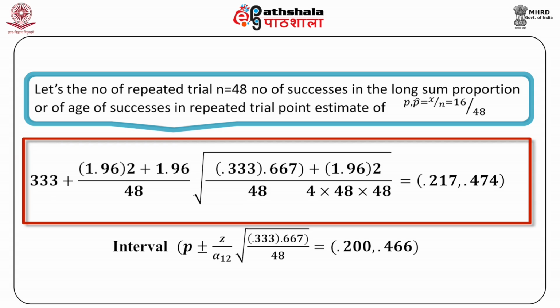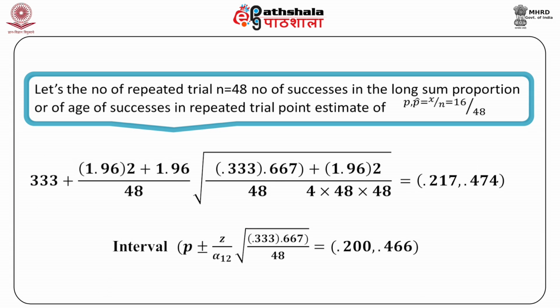0.333 plus 1.96 squared divided by 2 times 48, plus or minus 1.96 divided by 48 into the square root of 0.333 into 0.667 plus 1.96 squared over 4 into 48, all over 1 plus 1.96 squared over 48, which is equal to 0.217, 0.474.